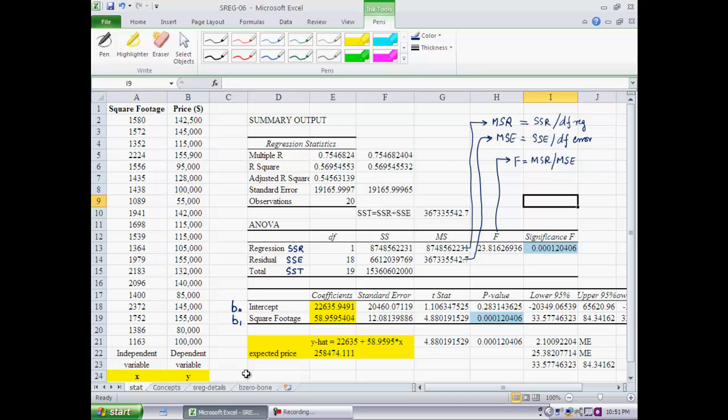So the regression is considered significant if the fitted slope, the B1 that we got from the sample, the 58.959, indicates that we can, with a fairly high degree of certainty, reject the null hypothesis that beta 1 is equal to 0. Because if we are unable to reject beta 1 equal to 0, then there is a possibility that the true slope of the straight line fitted between x and y is actually 0, which means there's no relationship between x and y.